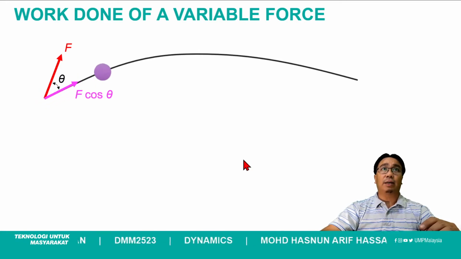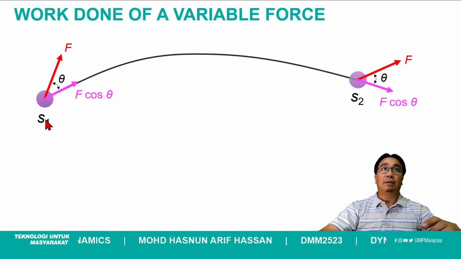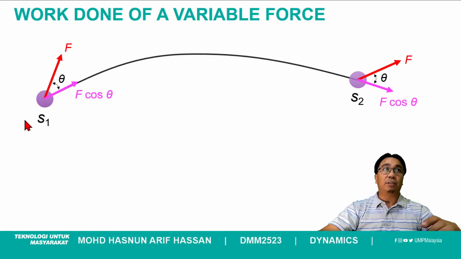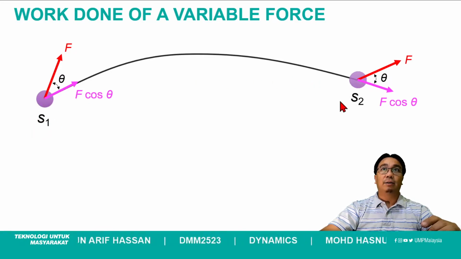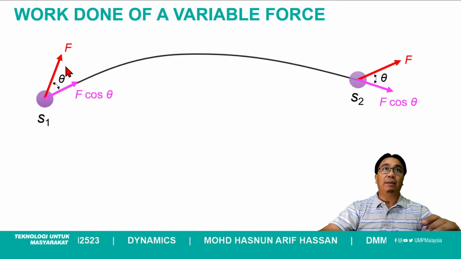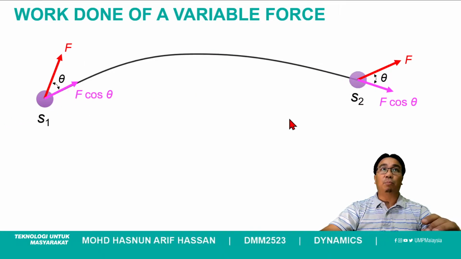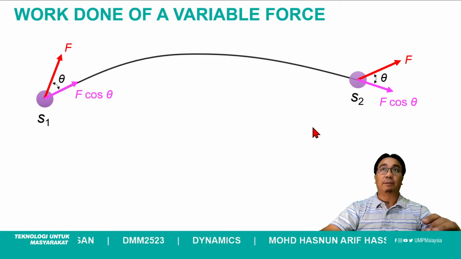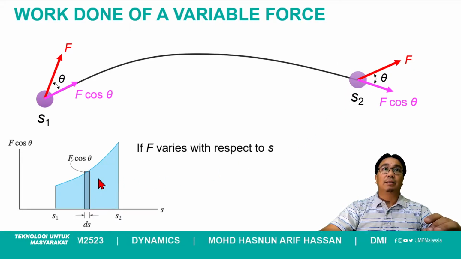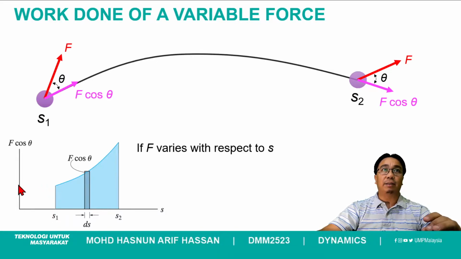Okay, so let's look at this example. A particle here moving from position 1 ataupun S1 to position number 2 S2, dan force applied here F is changing with respect to the position of the particle. Macam ni, S1 force dia mungkin berada di sini dan S2 force dia semakin naik.